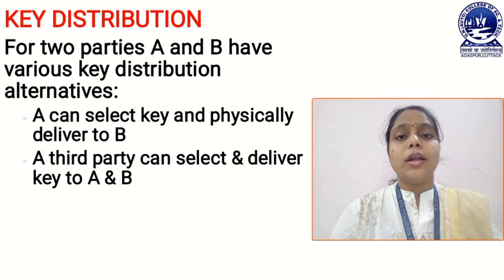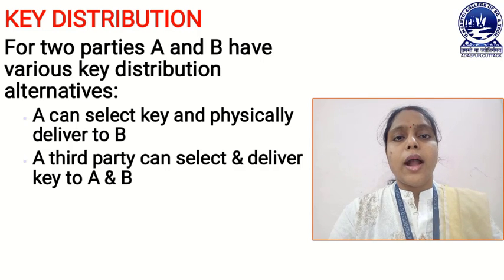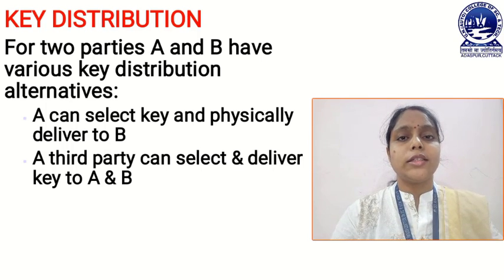Now look at the different ways the secret key is shared between sender A and receiver B. First method is A generates the secret key and physically delivers it to B. Second one is a third party generates the secret key and delivers it to the two parties, A and B.